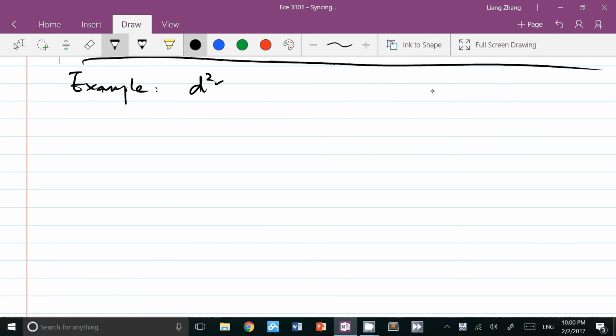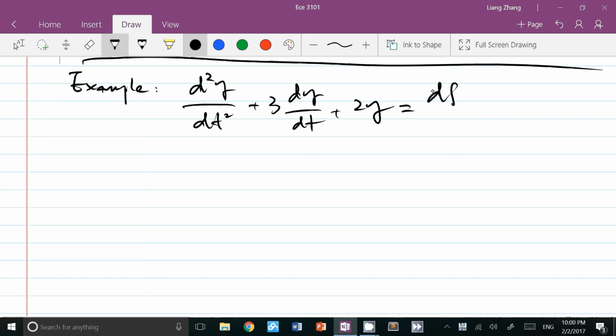So we have a second order system, and we're trying to find the unit impulse response of this linear time invariant system.